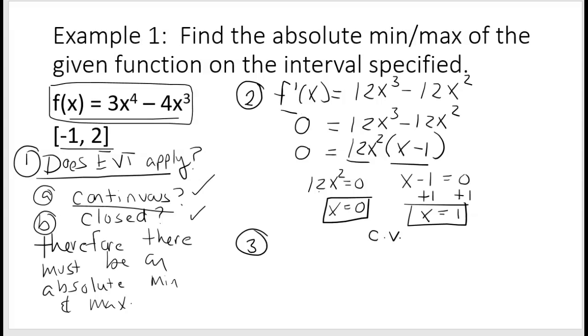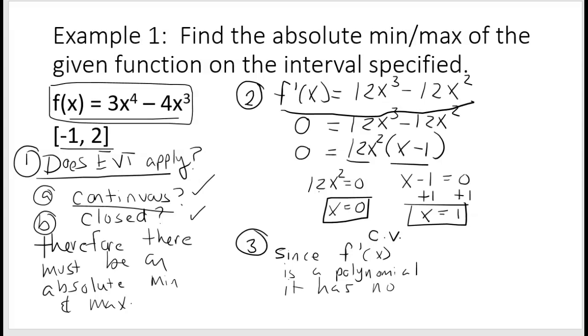But as you can see here, f prime of x is a polynomial, so it has no places where it's undefined. So step 3 does not give me any more critical values.